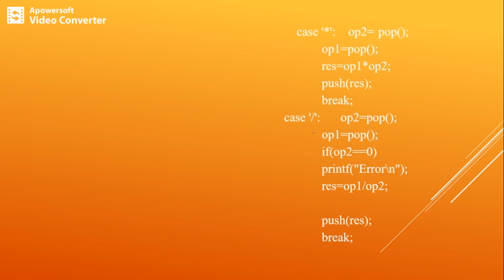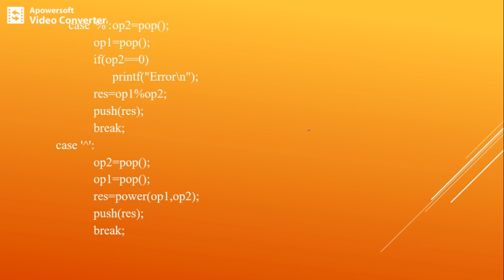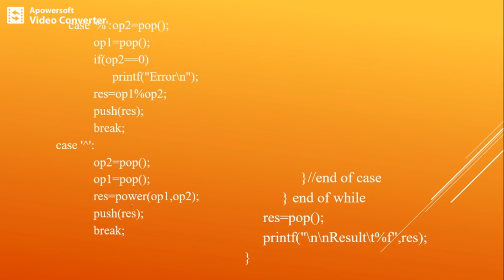Similarly, we can apply division, then percentage, and after that the power operation. Here I have implemented a power function. You can also make use of the mathematical function, and then store the result in the stack.